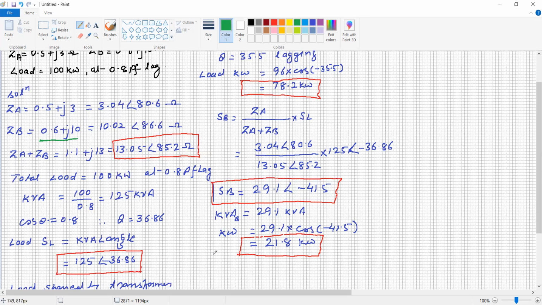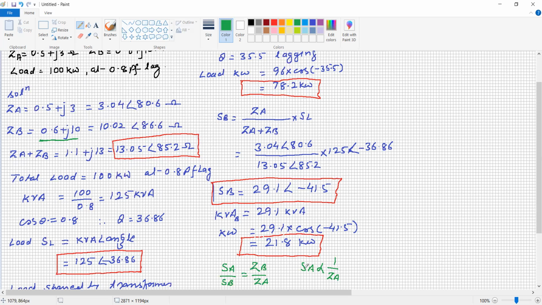In the previous derivation we came to this equation, SA upon SB equals ZB upon ZA. It means that SA is inversely proportional to its own impedance, correct?